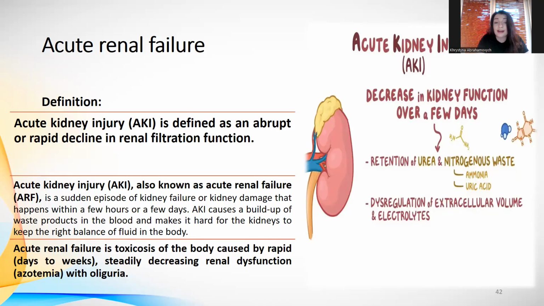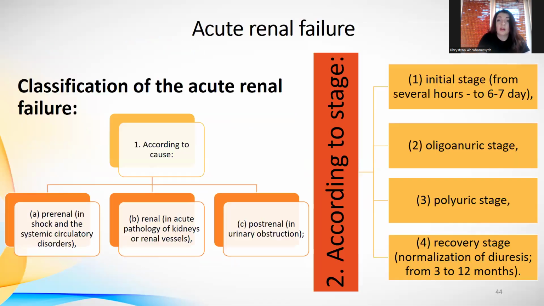So acute renal failure is toxicosis of the body caused by rapid, from days to weeks, steadily decreasing renal dysfunction, which is azotemia, with oliguria. We have two classifications of acute renal failure.